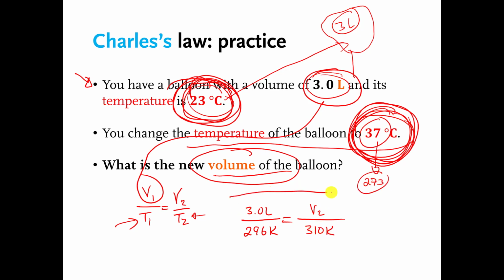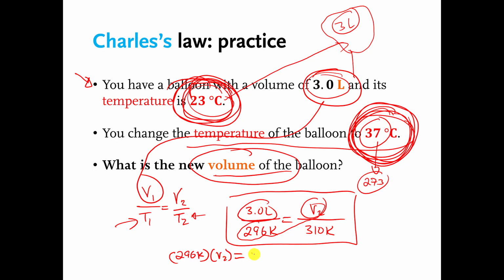And so here is our setup to figure out what the new volume is. We're going to have to cross multiply: 296 Kelvin times V2 is equal to 3 liters times 310 Kelvin. We want to get this V2 alone, so we have to divide the left side by 296 Kelvin.